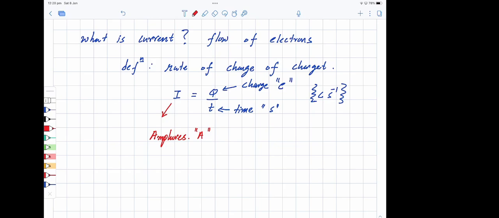Now the definition of the current would be rate of change of charge. Rate always means with respect to time, right? In methods you will understand that in differentiation there is a thing called dQ/dt.